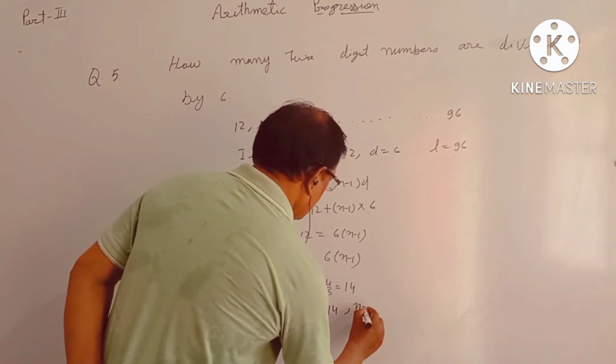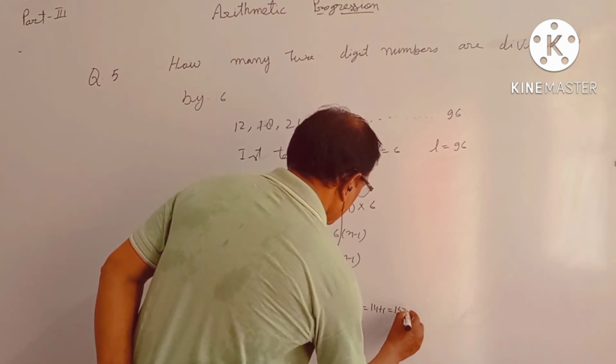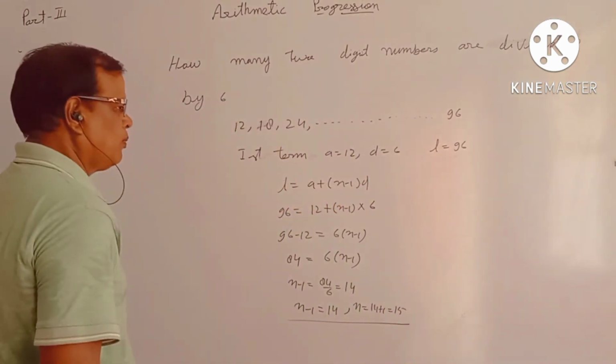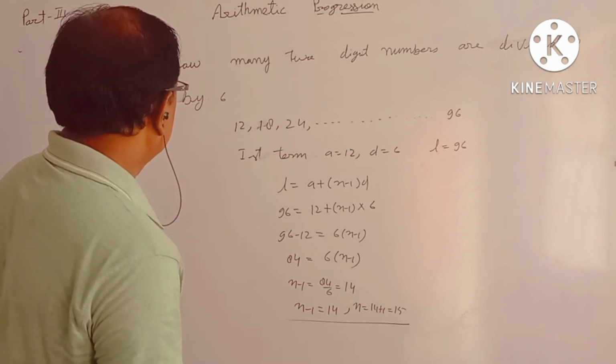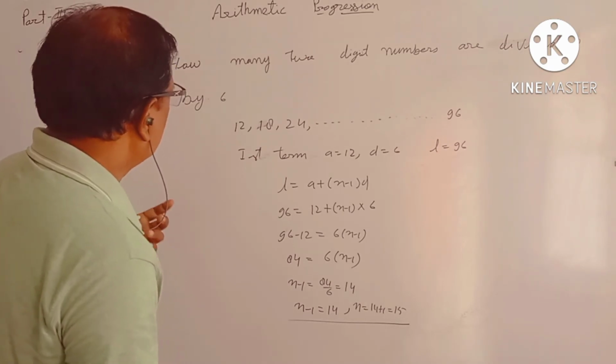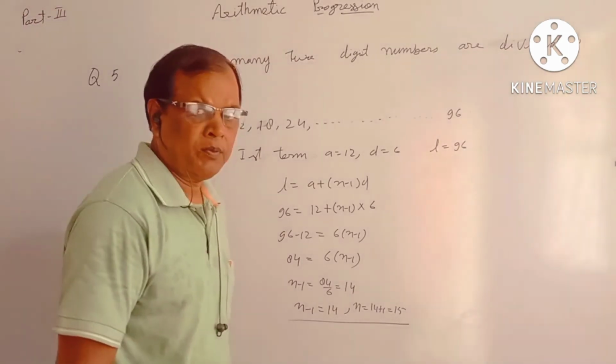Now n equals 14 plus 1, which is 15. Now there are 15 terms. He wants to know how many numbers, so the numbers will be 15.